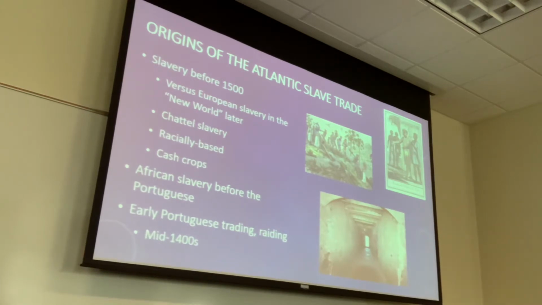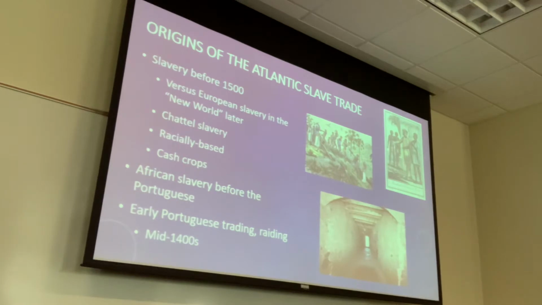And then finally, the slavery that Europeans bring into the Americas is unique in that they seek out and purchase and bring to this new part of the world literally millions of enslaved people with the primary, if not exclusive, purpose of growing cash crops to make money, to accumulate wealth.